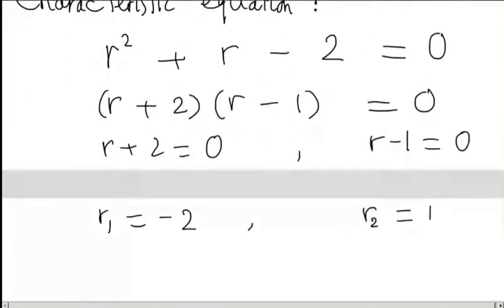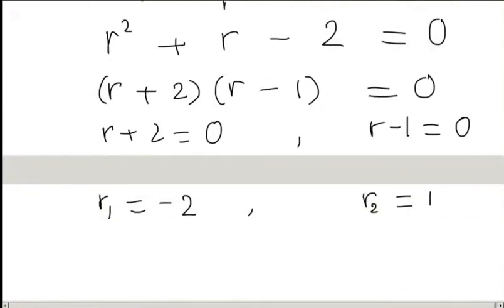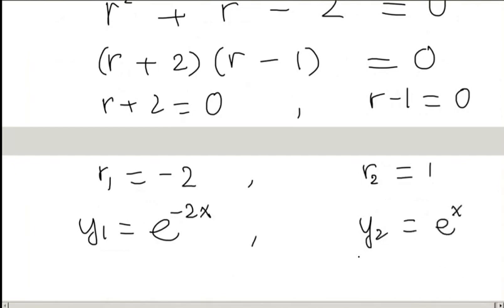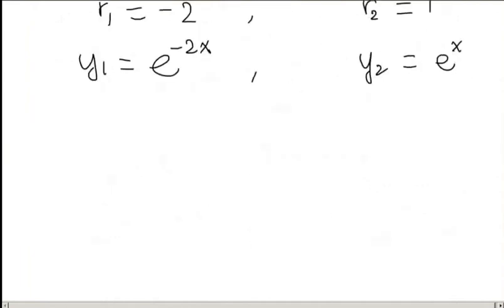Now it does not matter which one you denote by r1 or r2. Your answer will turn out to be the same. So y1 is e to the r1x, so e to the minus 2x, and y2 is e to the x. And by the way, we should mention that the two roots are different.